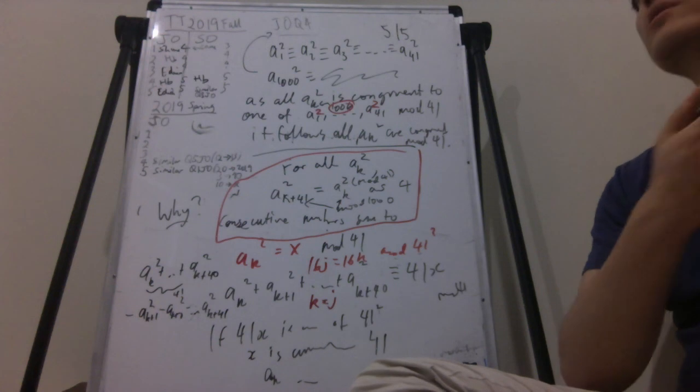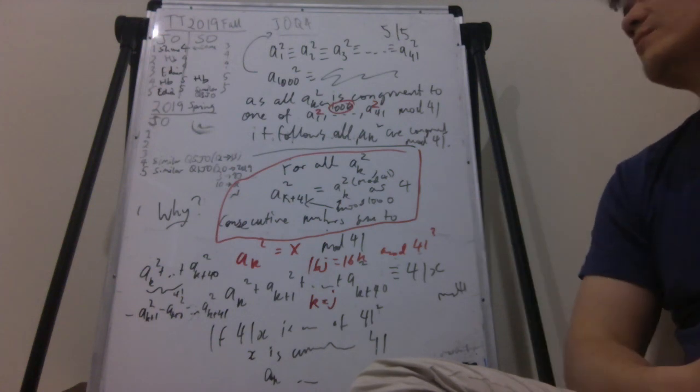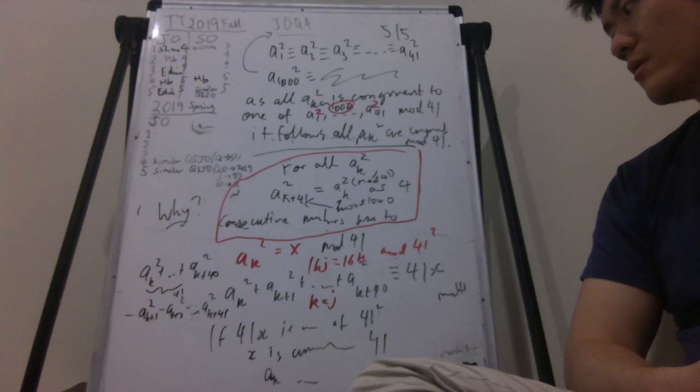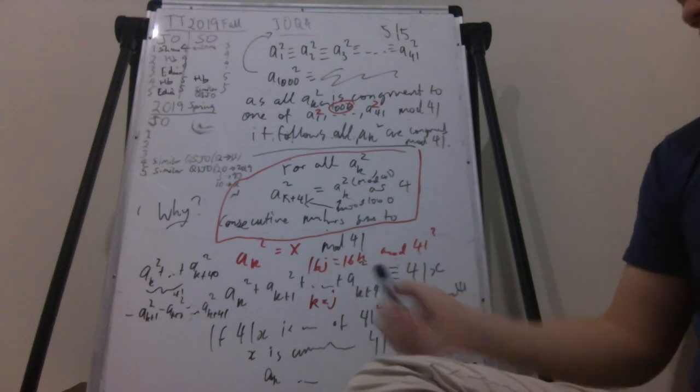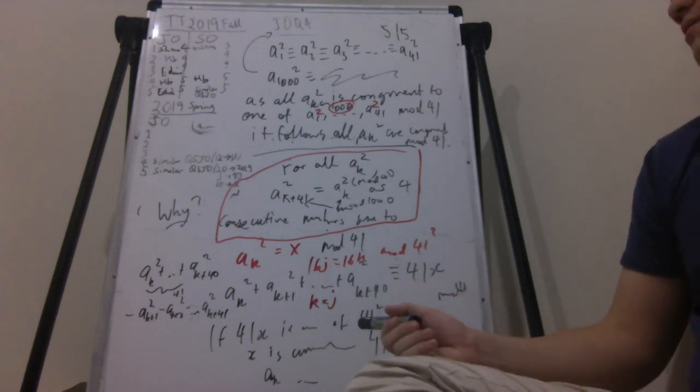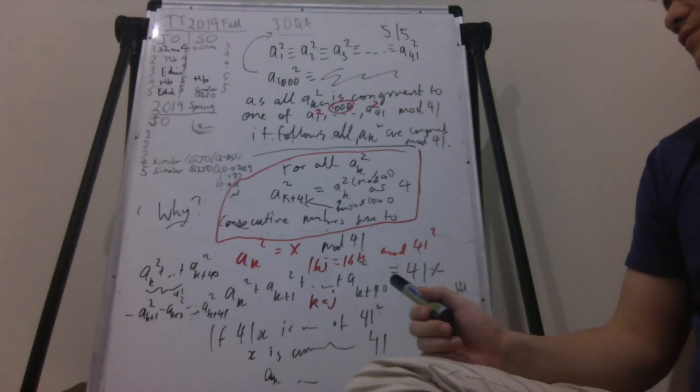And then you get all the a up to 41 squared, right? Yeah. And then they're all equal. The equal mod 41 squared, yeah? Mm-hmm. And then you add them up. You get 41 times x, yeah? Mod 41 squared.